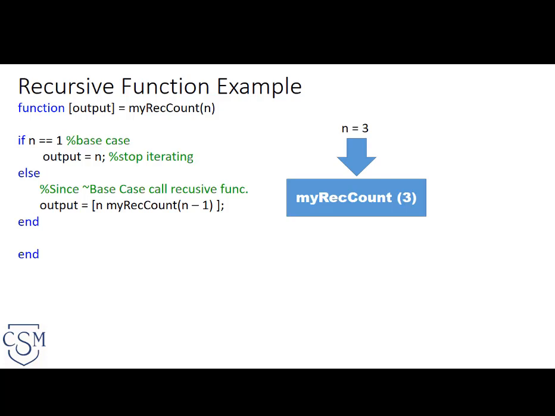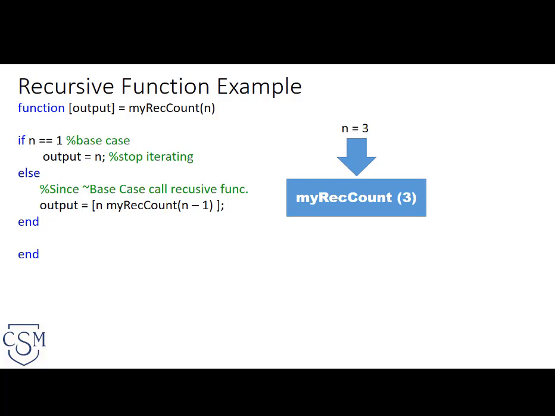Okay, so here's a sample recursive function, and n equals 1 is the base case, and we have some output. What we are going to do is call my recursive count of 3. Let's put our MATLAB compiler hat on. If n is equal to 1?